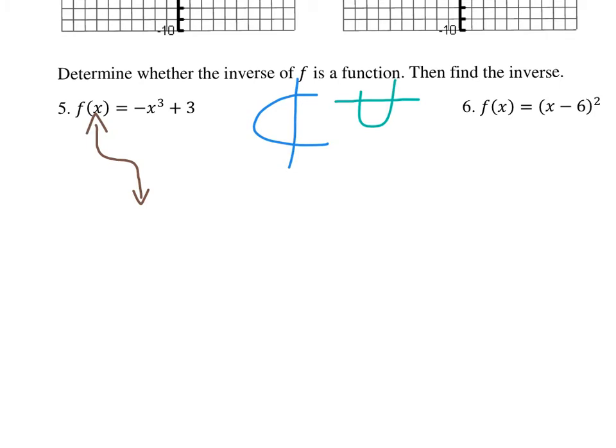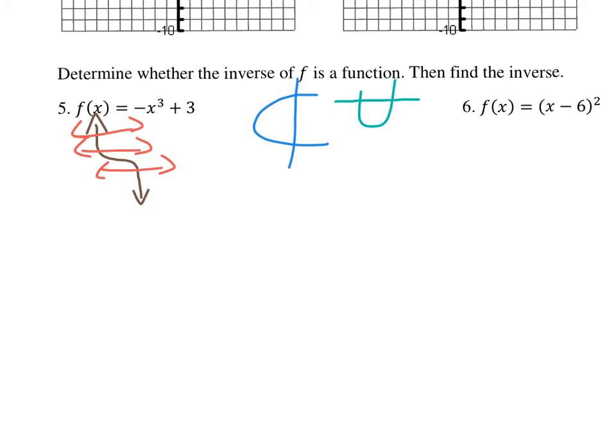There is no location here where a horizontal line would hit multiple points. As such, this passes the horizontal line test, so the inverse of this function, the inverse of number 5, would be a proper function. Now, let's solve for that function.